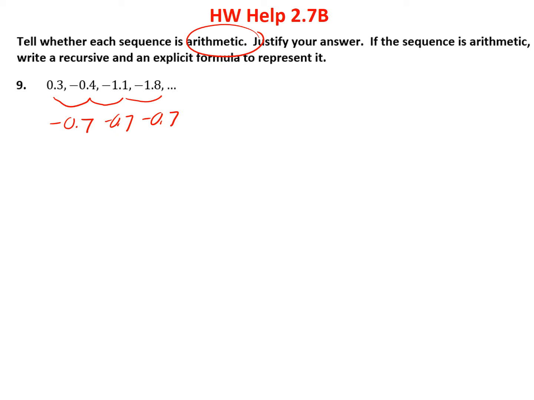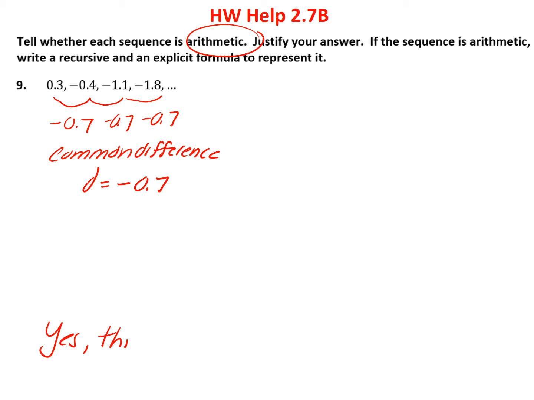So we have a common difference. That common difference, of course, is d equals negative 0.7. We're subtracting 0.7. So we can answer yes, this is an arithmetic sequence.